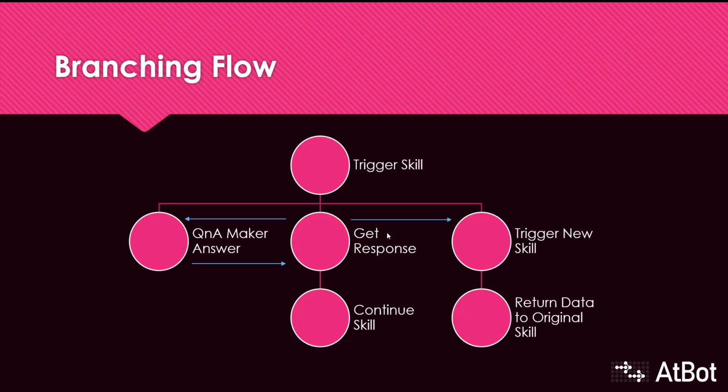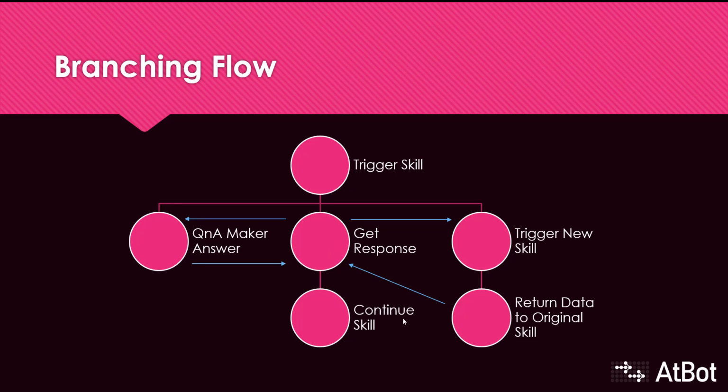That can trigger a new skill while you're inside of a get response, which basically changes the scope of where the user's at in the conversation to the new skill, but remembering that other skill that's there in the background. This new skill can continue on, and then eventually it can return data back to the originating skill. All of this can happen multiple times inside of a get response before it moves on, and then get data and then continue on the skill.